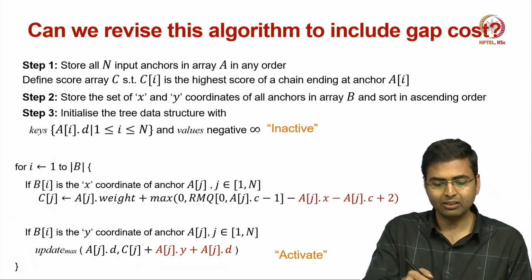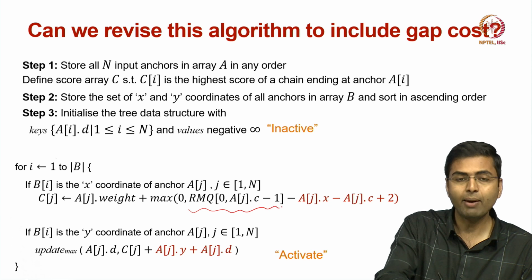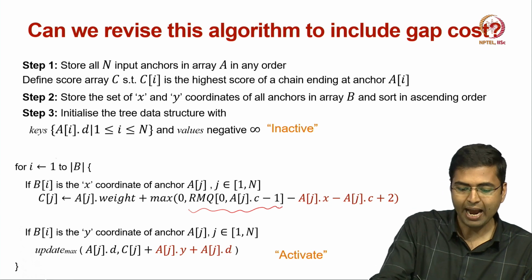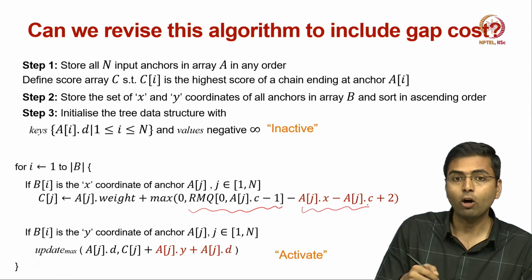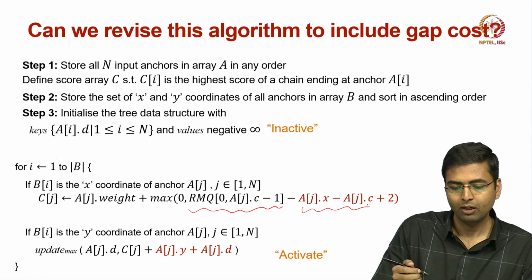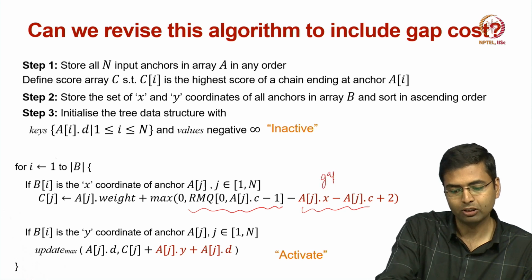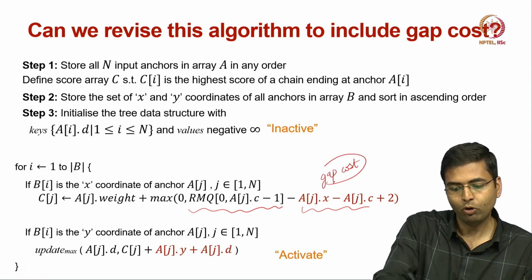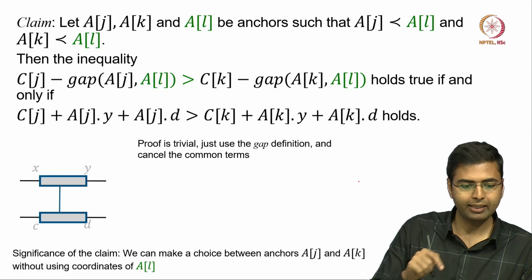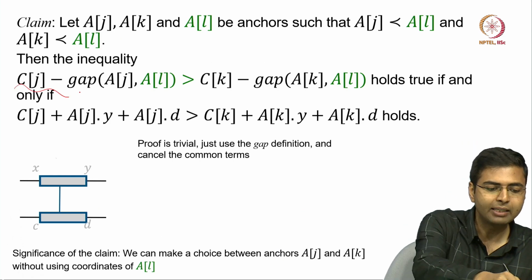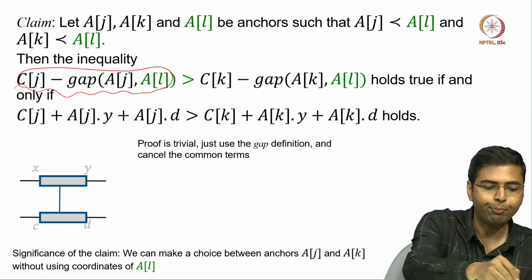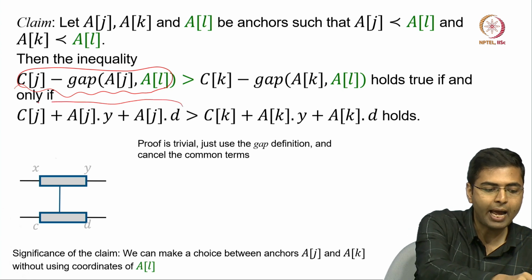So, we have to adjust the value returned by the range maximum query. We have to subtract the coordinates of anchor Aj to calculate the proper gap cost, because remember that in this inequality we are bypassing the need for calculation of gap cost and we are just setting a priority of that anchor.